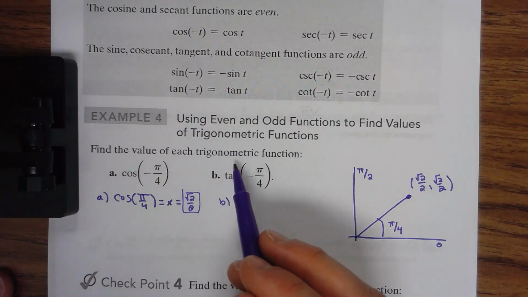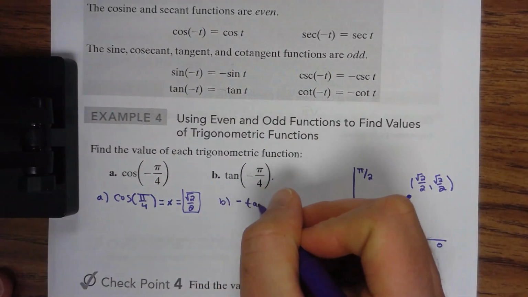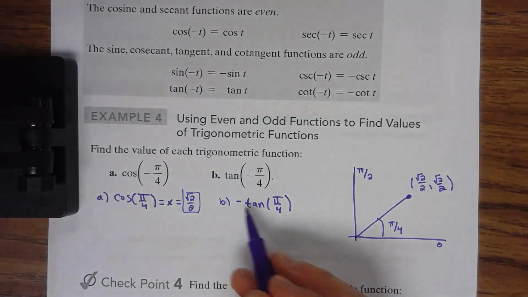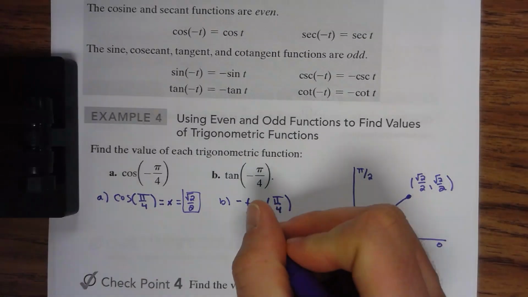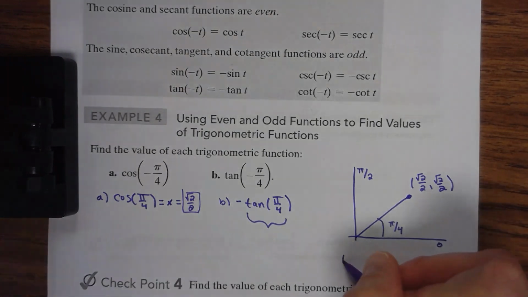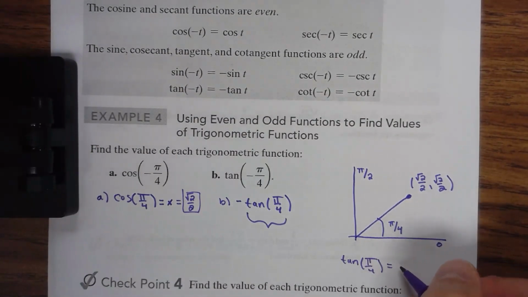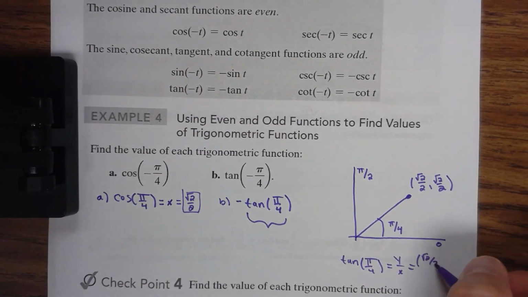If I have tangent of negative pi over 4, that's equal to the negative of tangent of positive pi over 4, so this is negative 1 times whatever tangent of pi over 4 is. Let's think about what tangent of pi over 4 is. Remember that tangent of any angle, so tangent of pi over 4 here, is equal to y over x. In this case, I have root 2 over 2 divided by another root 2 over 2, and anything divided by itself is 1.